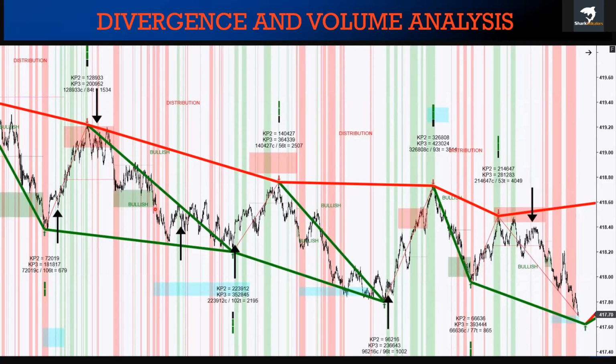The third, now this is how the indicator works. Right here, we would have likely gotten our indicator telling us that there was positive divergence at this point. However, BloodHound is giving us our red signal all the way through here.